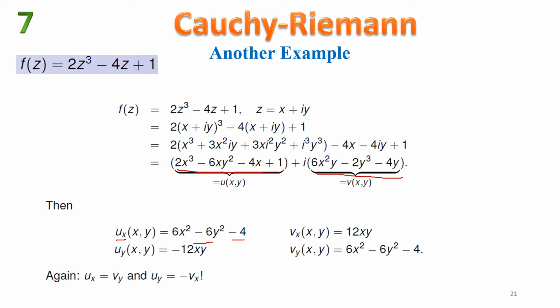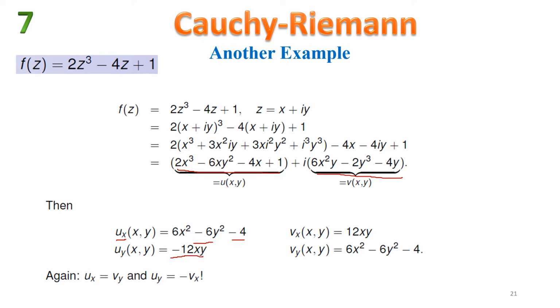Then differentiate u with respect to y. Treating x to be constant, this term will be 0. So derivative of y squared will be 2y, multiplied by minus 6 will be minus 12y into x, x is treated as constant.